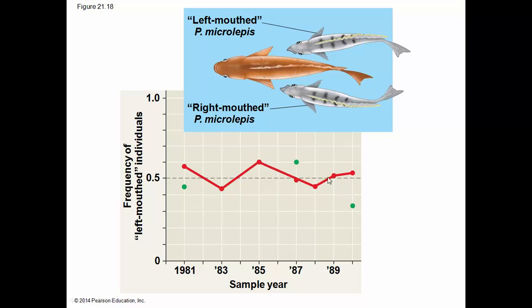So it declines and increases, declines and increases over time, depending on the prey fish and how it's reacting to the attack.